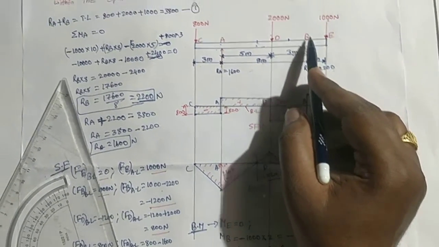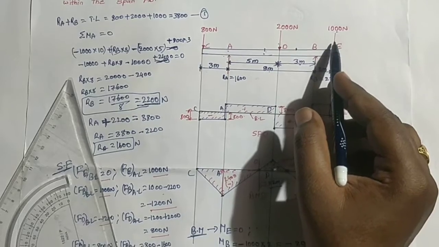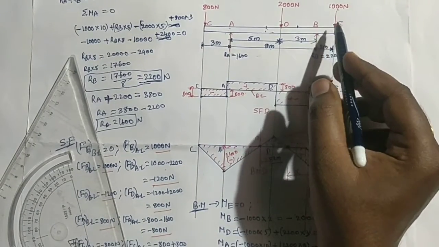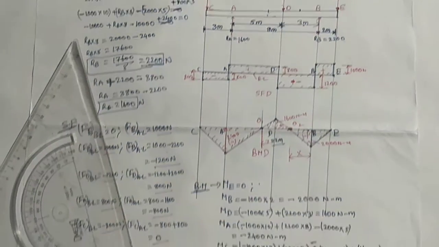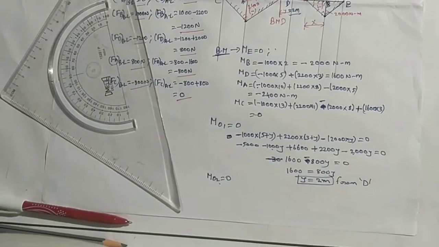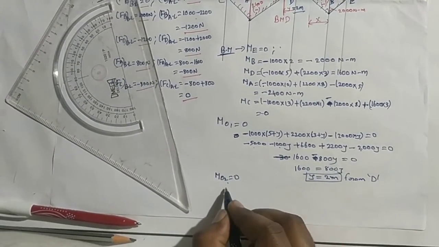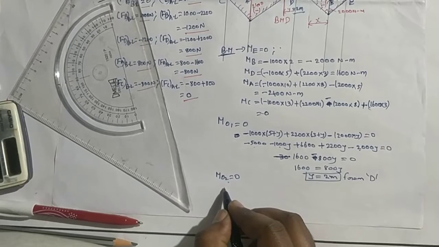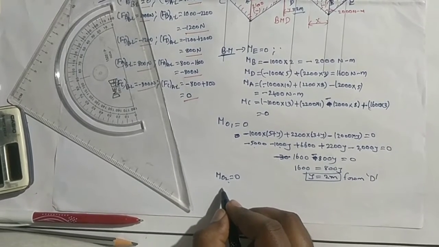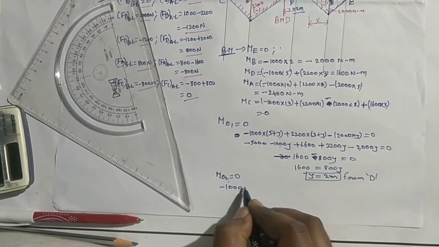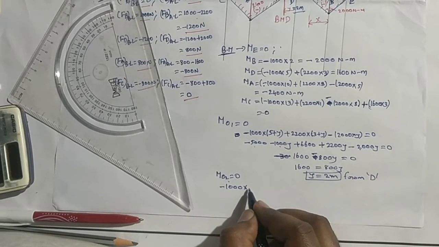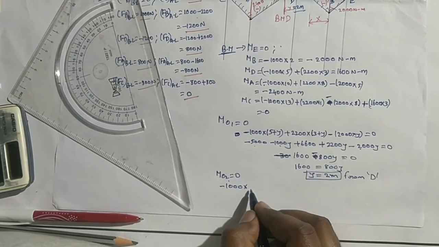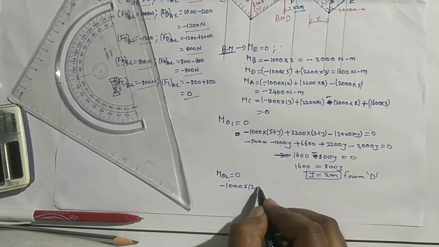The right side of O2 has 2 loads, one is the reaction force and the other one is the applied load. Calculating on the right side of O2, it is minus 1000 into the distance from point E to O2, which is 2 plus x.